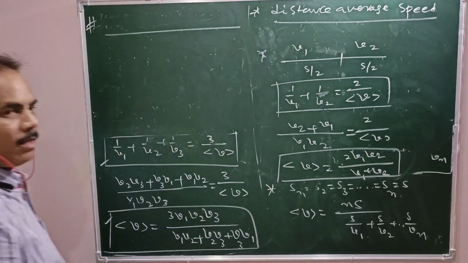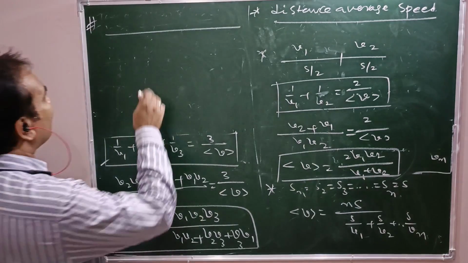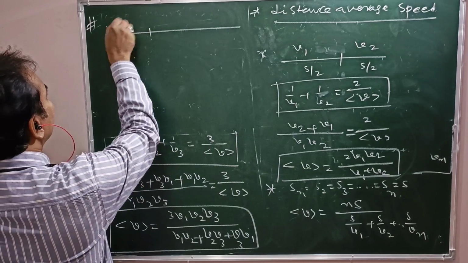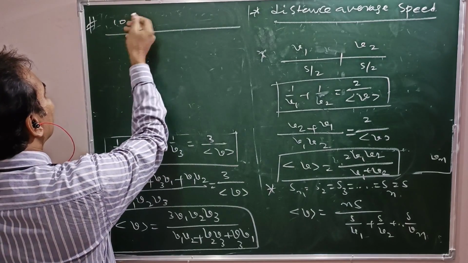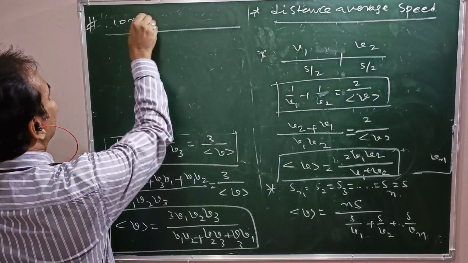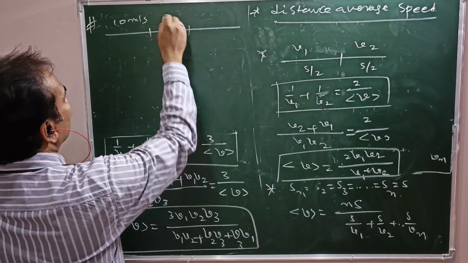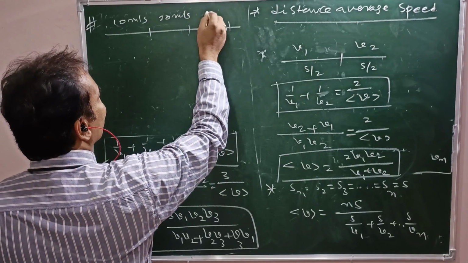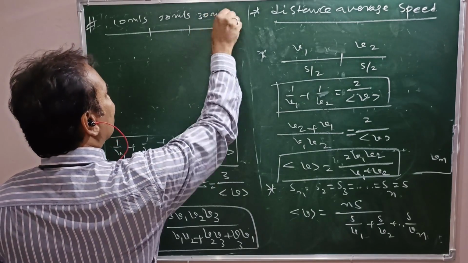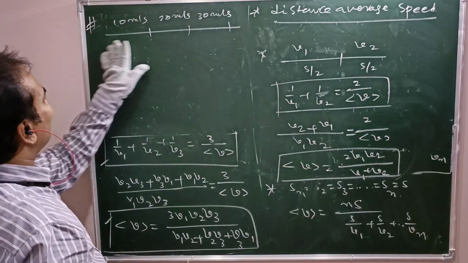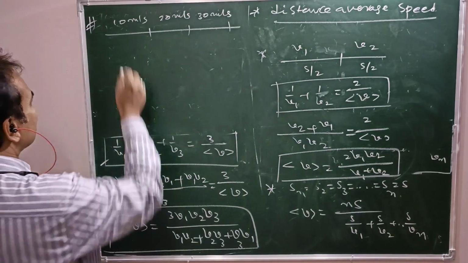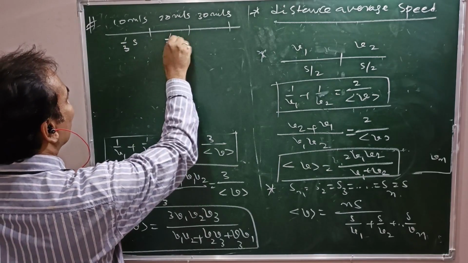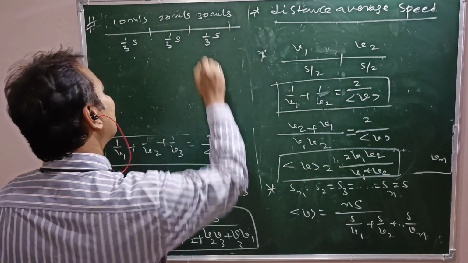Suppose a particle moves with different speeds, say 10 meters per second, then 20 meters per second, then 30 meters per second, over equal distances. This is 1/3 of the total distance. This is also 1/3 of the total distance. This is also 1/3 of the total distance.